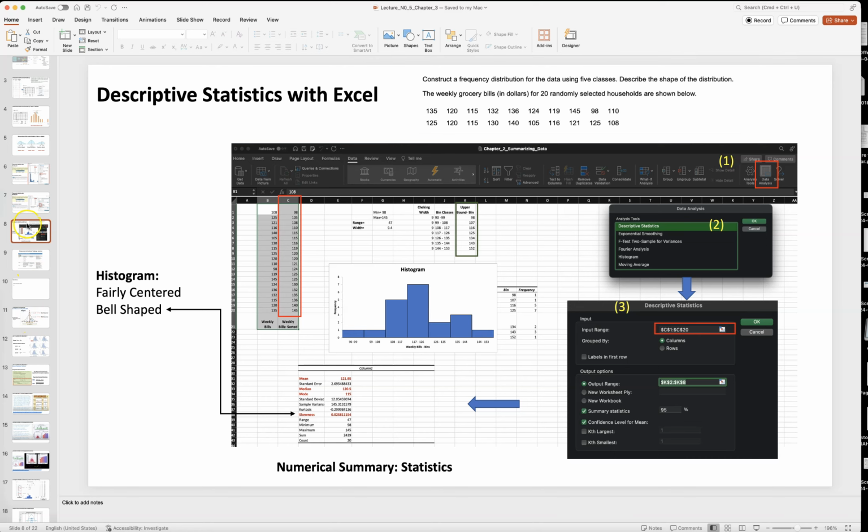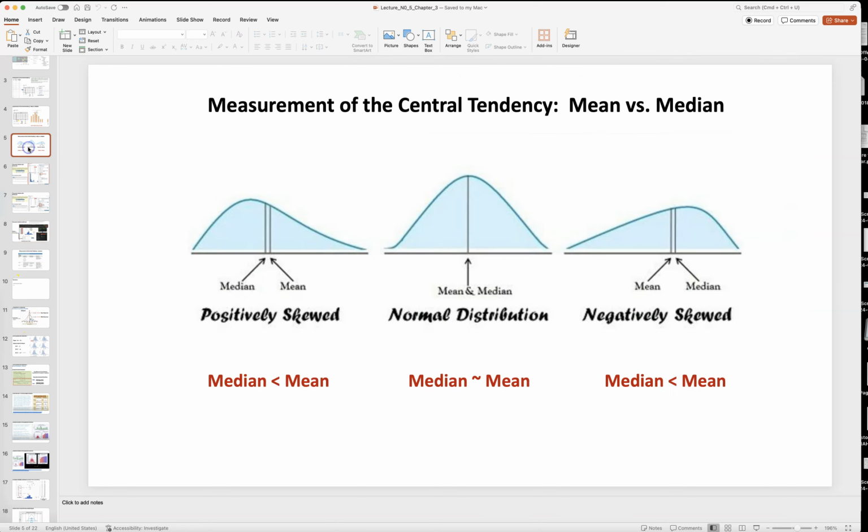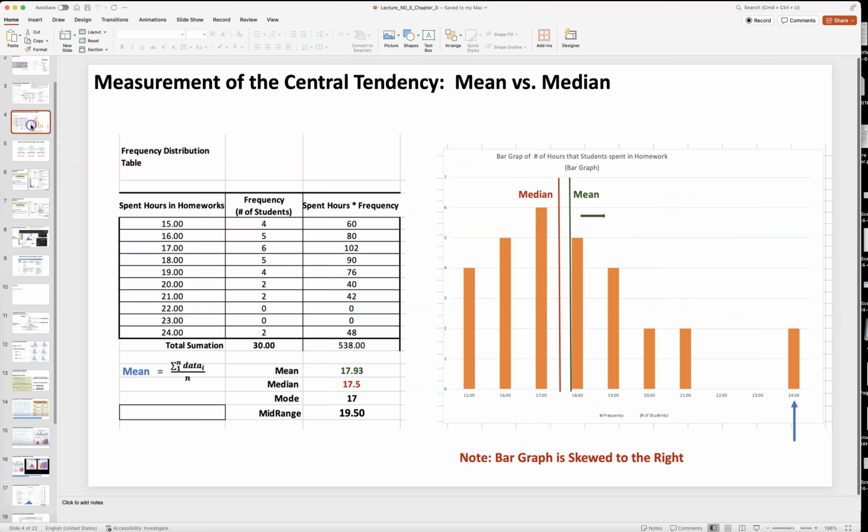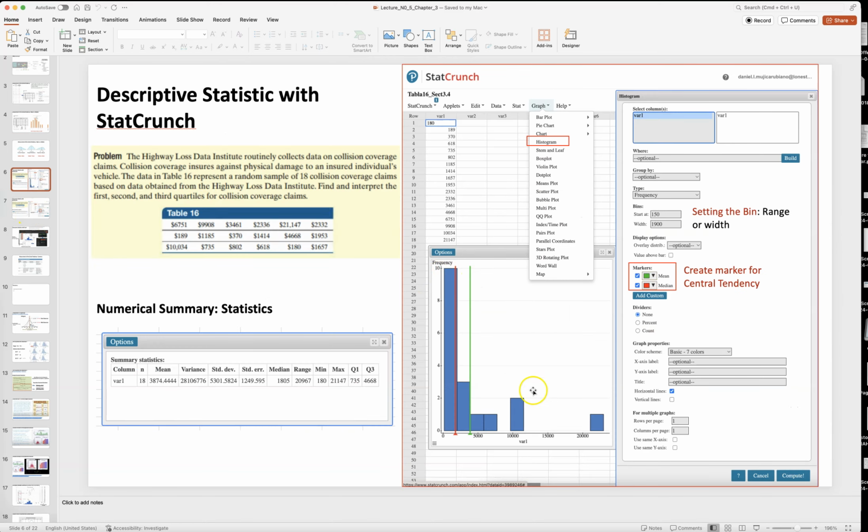But there are some other histograms that might be skewed to the right, in which the mean is greater than the median, or they might be skewed to the left. And those are the samples that I showed you here. For instance, in our example, this histogram is skewed to the right. And in this example, this histogram is also skewed to the right.